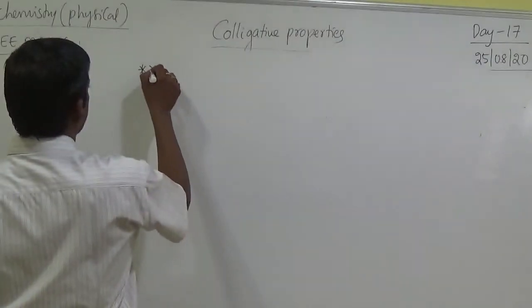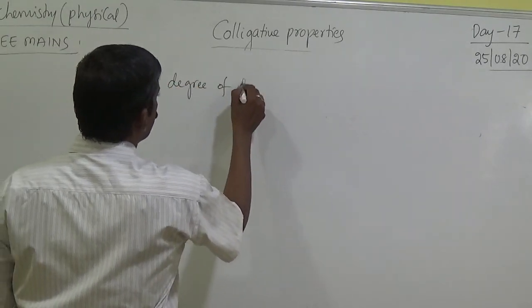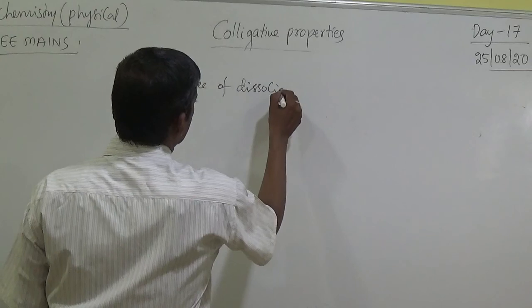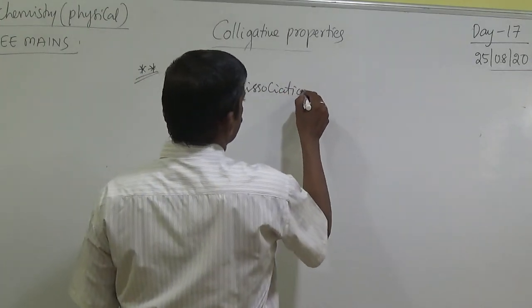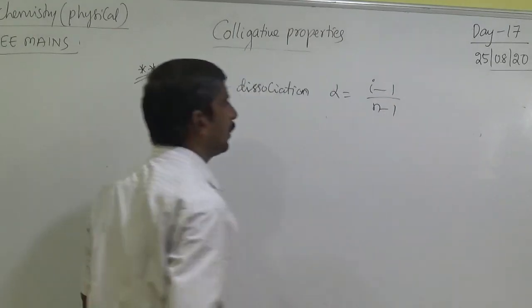Once again, degree of dissociation alpha equals (i minus 1) by (n minus 1). Very important.